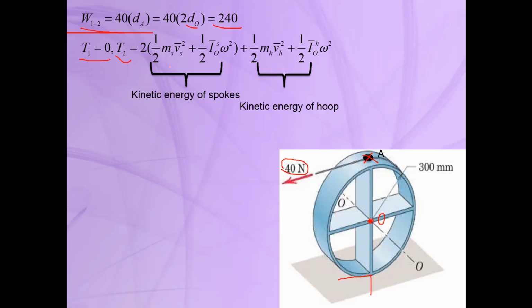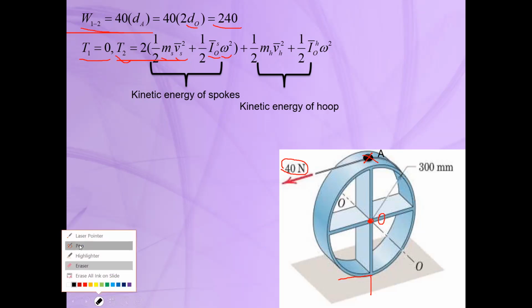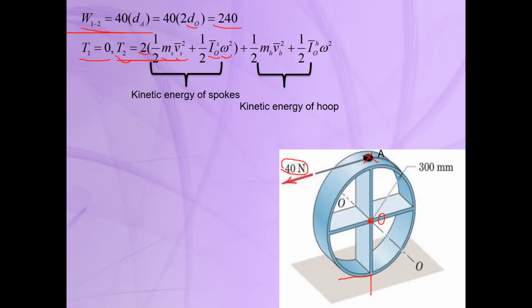For the spokes, we will have half times the mass of the spokes times the velocity of the spokes squared, plus half times the mass moment of inertia about the mass center times omega squared. And we have a coefficient 2 here, as you can see. This 2 is due to the number of the spokes, because here we have 2 spokes.